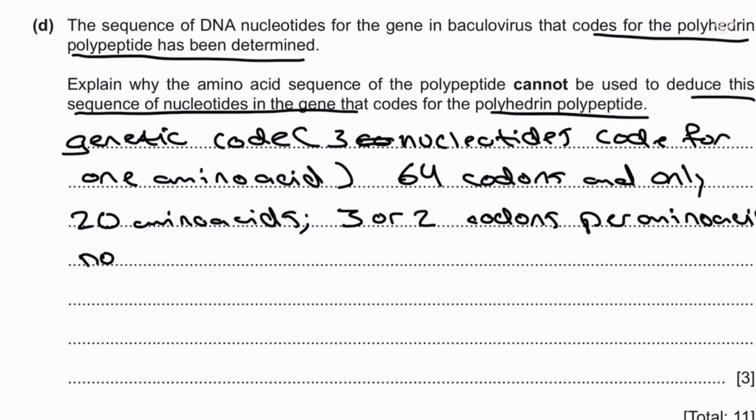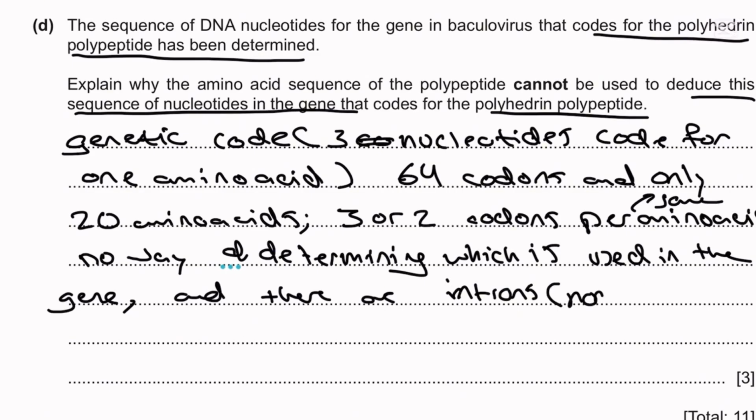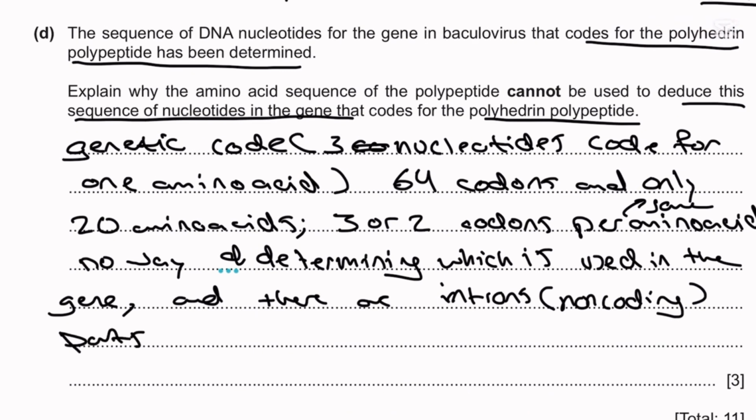So obviously you have no way of determining which one per same amino acid is used in the gene. And there are introns, non-coding parts of the gene that also couldn't be determined.